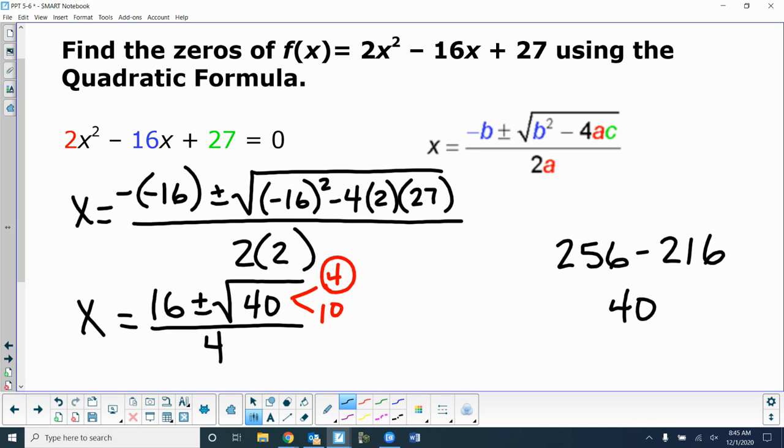So I'm going to pull the 2 out. So I got 16 plus or minus 2 square root of 10 over 4. Okay, I'm still not finished. Look at these 3 numbers. What goes into all 3 of them? 2. So we should simplify that. So we got one more step.